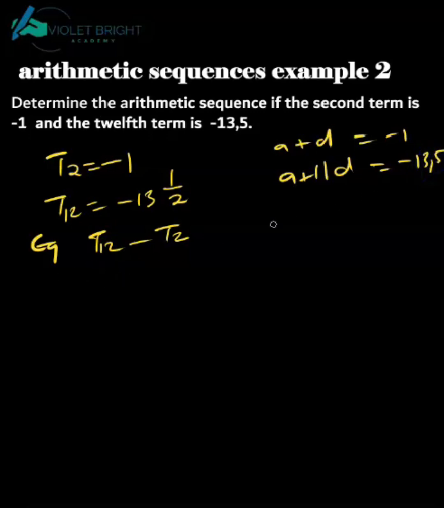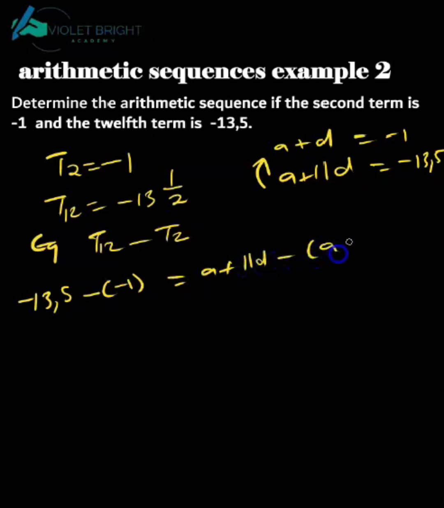So we just say this equation subtract this equation, so it's gonna be minus 13.5 subtract negative 1 equals a plus 11d subtract everything here. So here we are gonna get minus 12.5 when we add 1.